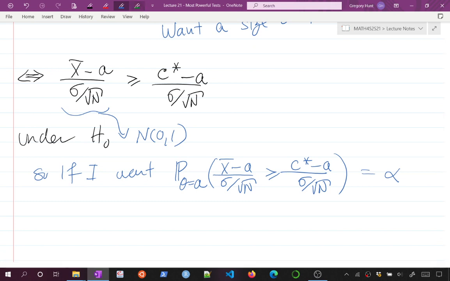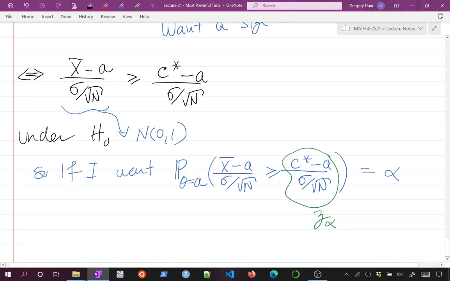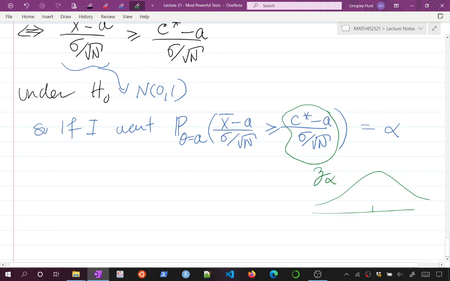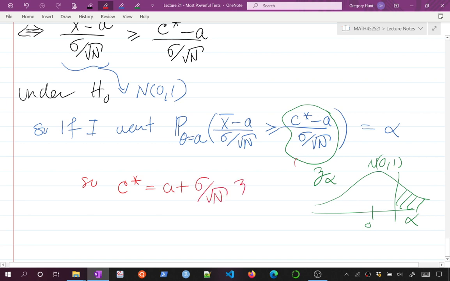And I choose my C star, or alternatively, I choose my whole thing on the right, to be what we're calling C of alpha. I just basically want to choose it as the point on a standard normal with alpha to the right of it. So this is my standard normal distribution. So what does that mean? C star is equal to, well, I'll just solve back, a plus sigma over root n times z alpha.